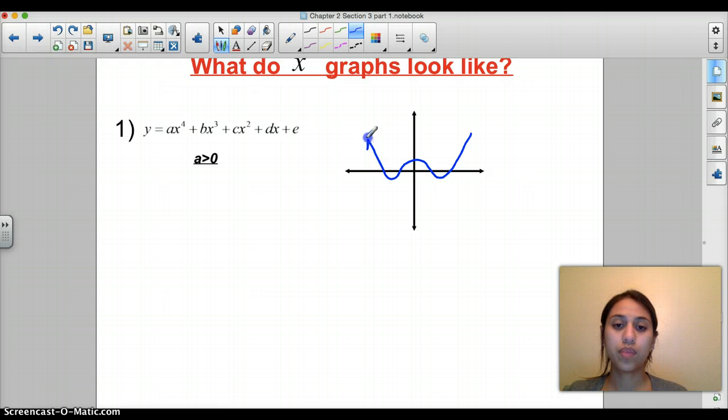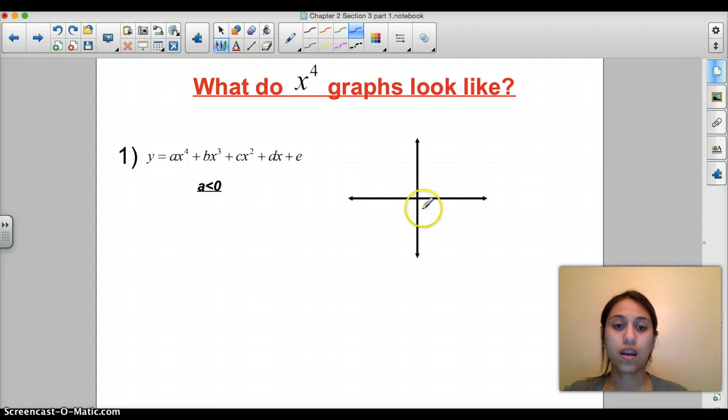The end behaviors will be going up, and if we look again at the turns, minus 1 from 4 is 3. So if we start going this direction, that's 1 turn, 2 turns, 3 turns. So that still holds true.